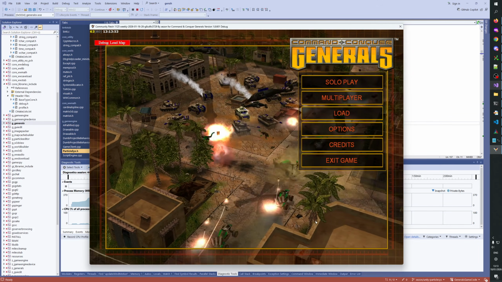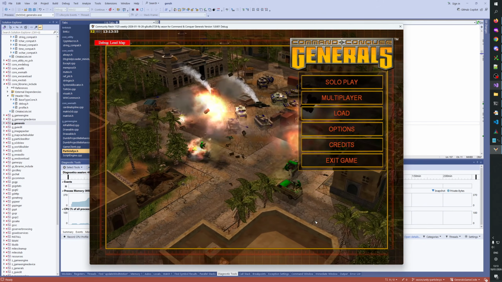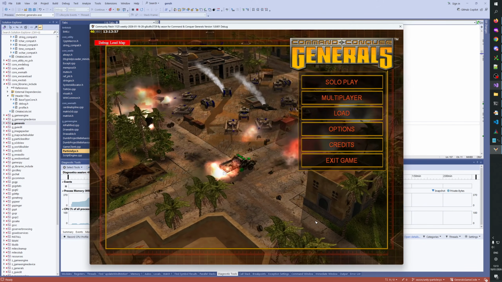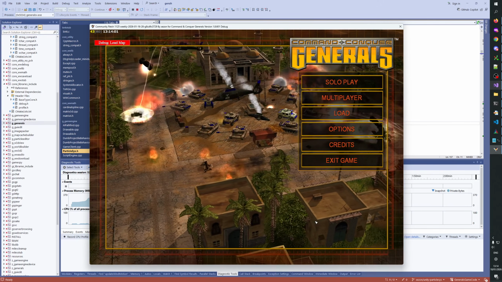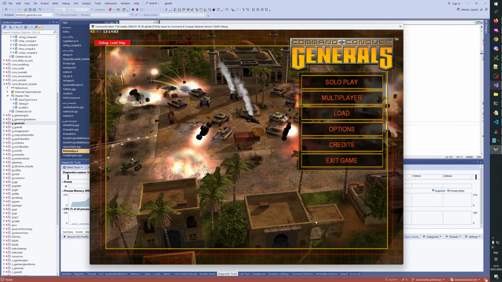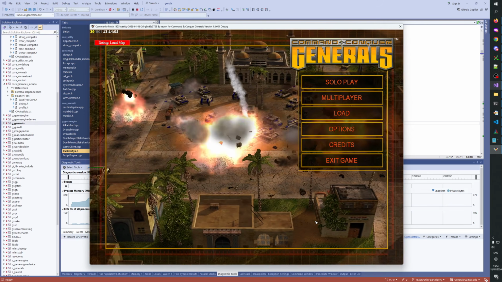Everything explodes. Okay, cool. I think that looks fine.